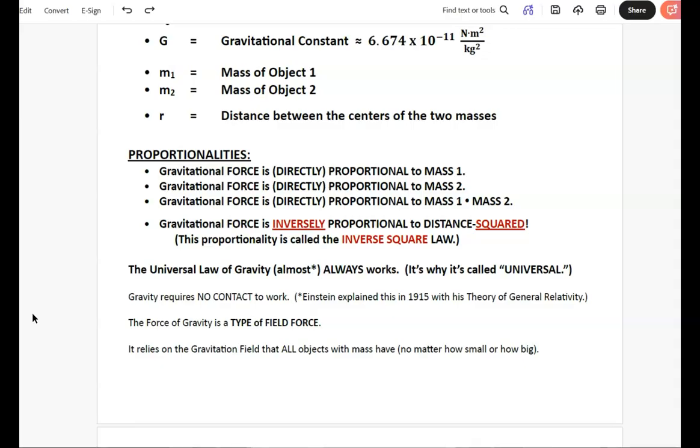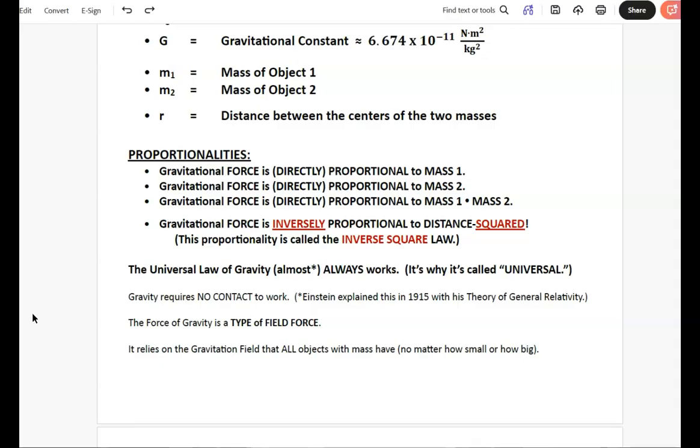But the point to realize here is we refer to gravitational force, or the force due to gravity, as a type of field force, not a contact force, a field force. So there's this imaginary field around every object that has mass, and the denser the field, the stronger the gravitational force from that mass. And we'll discuss that a little bit later.